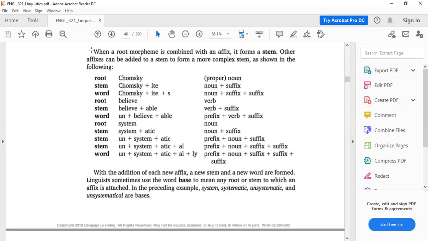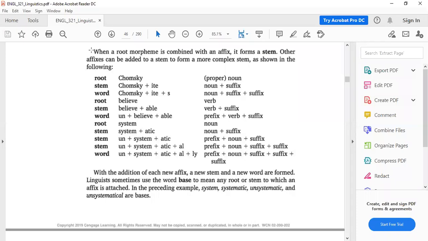Because we can't add more affixes. It is not a matter of one or two or three. It is not a matter of the number. It is a matter of as long as we stop adding, or we can't add new affixes, it becomes a word.